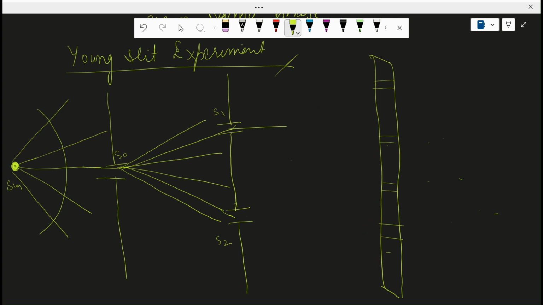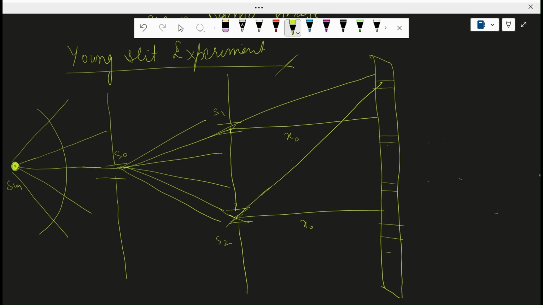From here, some rays of light fell parallelly. They started from this point, so they traveled the same distance. Let this be x naught, right?